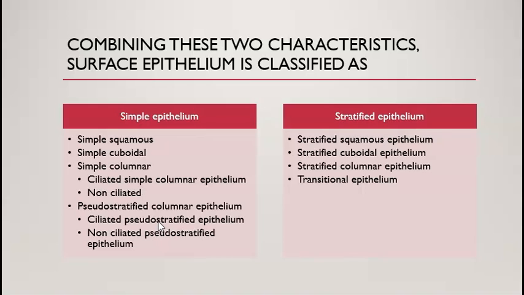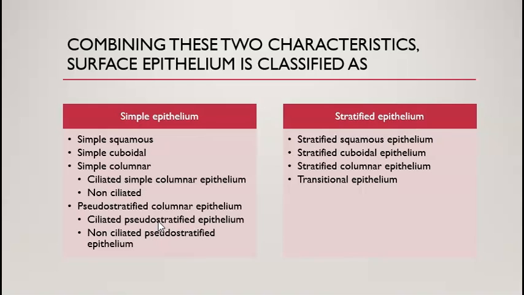So we can correlate the function and then memorize the type of epithelium. Coming back, ciliated pseudo-stratified epithelium is found on the airways of most of the upper respiratory tract, and they secrete mucus that traps foreign particles, and the cilia sweep away the mucus for eventual elimination from the body.